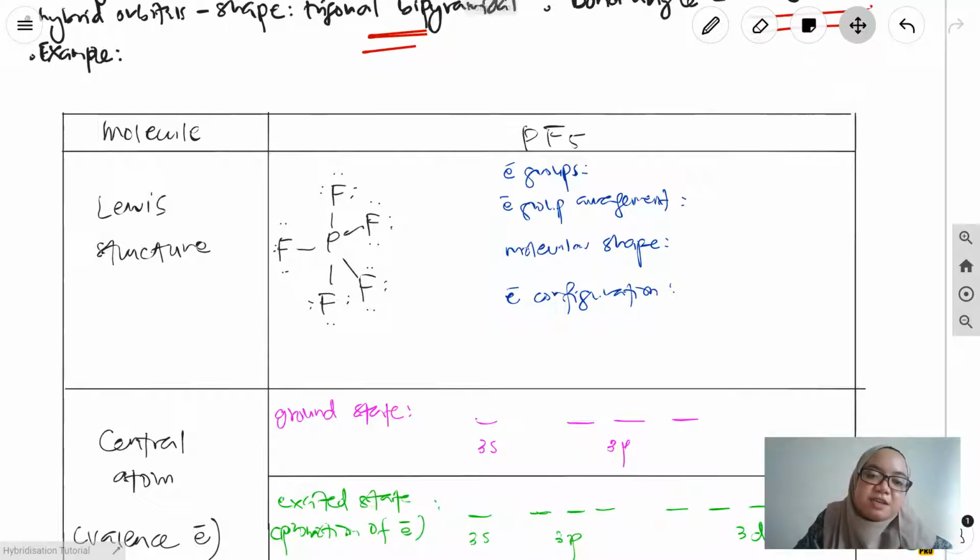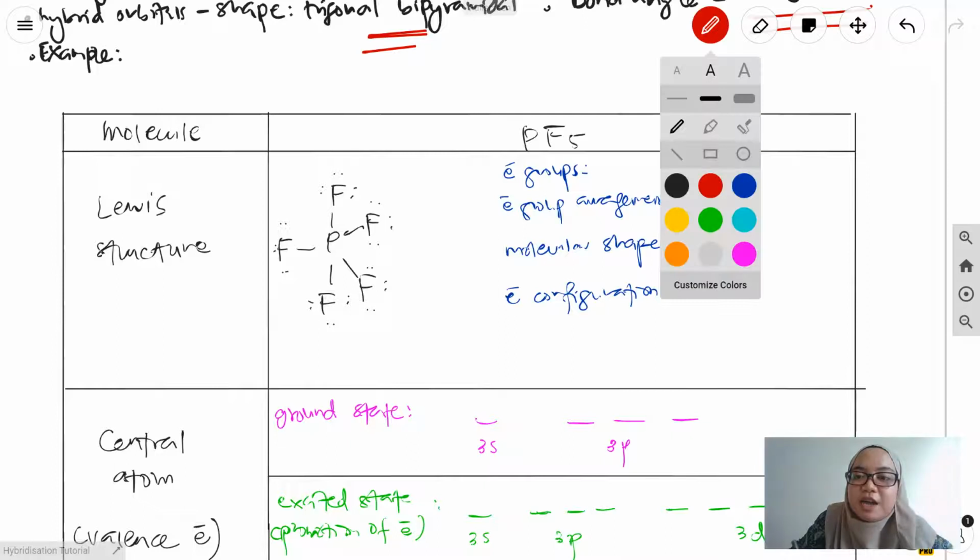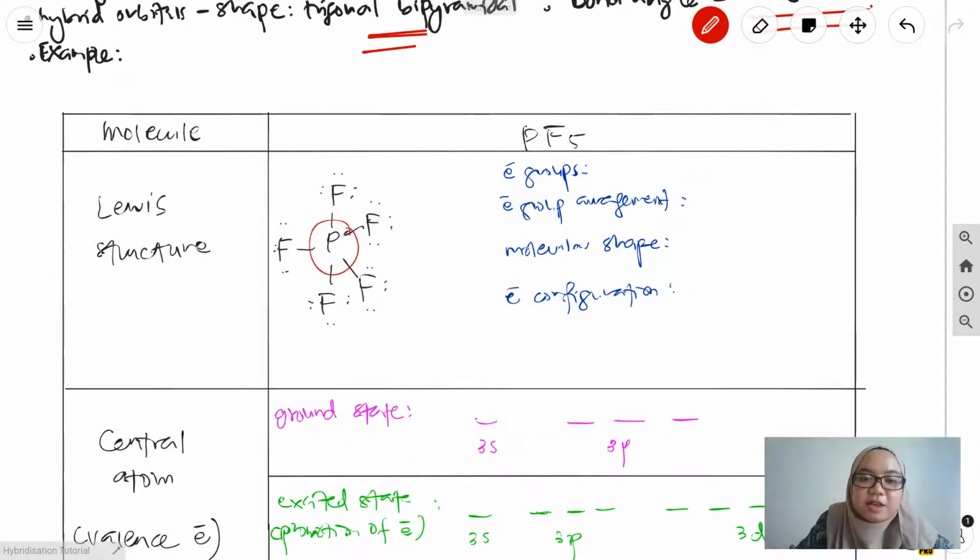So I have drawn the Lewis structure. So according to Lewis structure, when we look at around the central atom, it has 5 electron groups around it, which means that it has the shape according to VSEPR theory, trigonal bipyramidal.